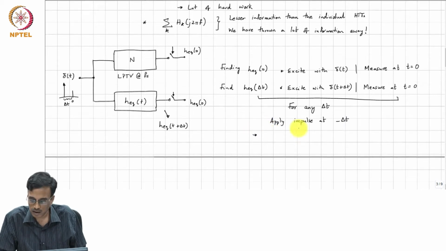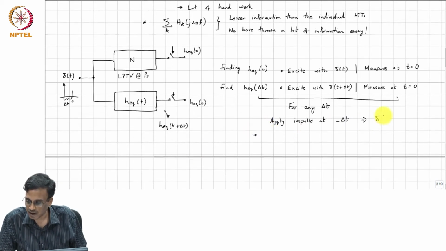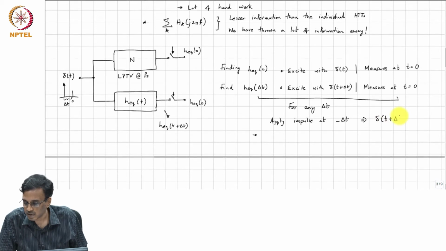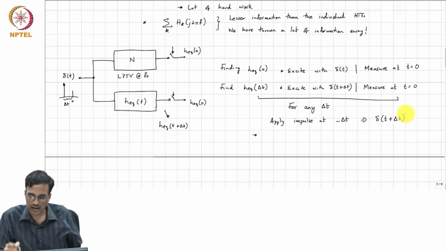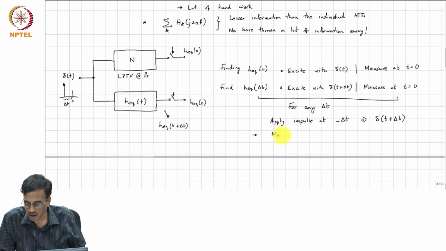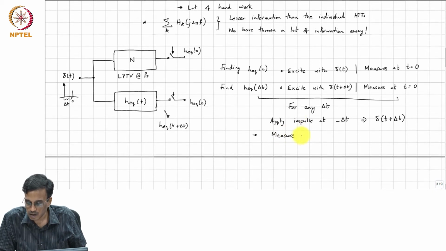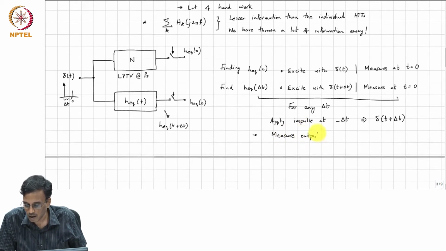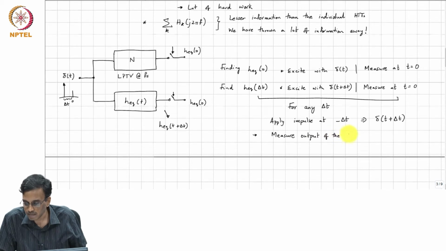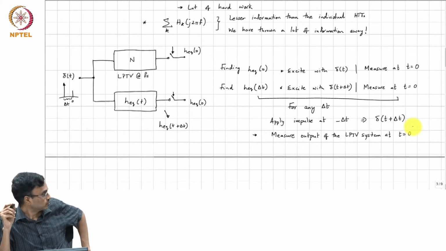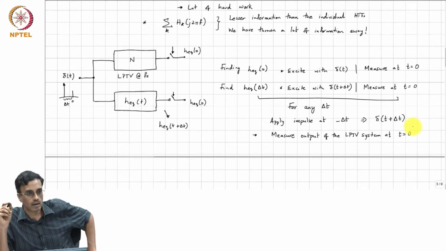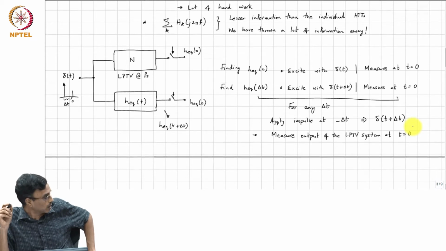That basically means that the Dirac impulse is applied at delta of t plus delta t, and you sample or measure the output of the LPTV system at t equal to 0. All right.